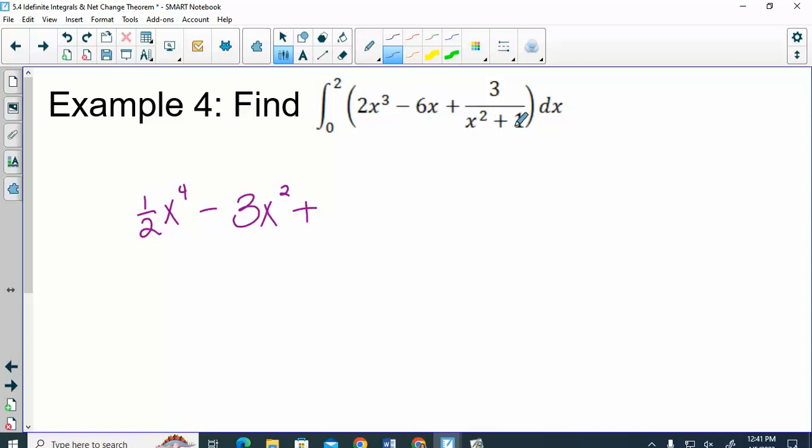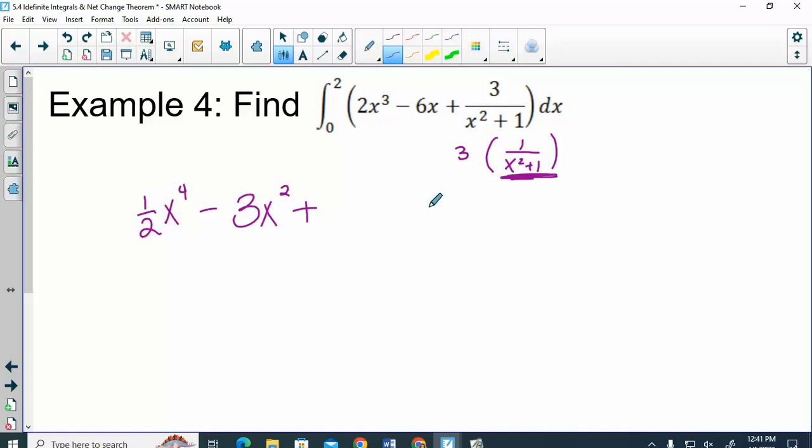I can't just bring this x squared up to the top. We have a 3 times 1 over x squared plus 1. Didn't you have this on your homework last night? Yeah, that was tangent inverse had a derivative of that. So those were the inverse trig functions. I didn't make you memorize their derivatives.